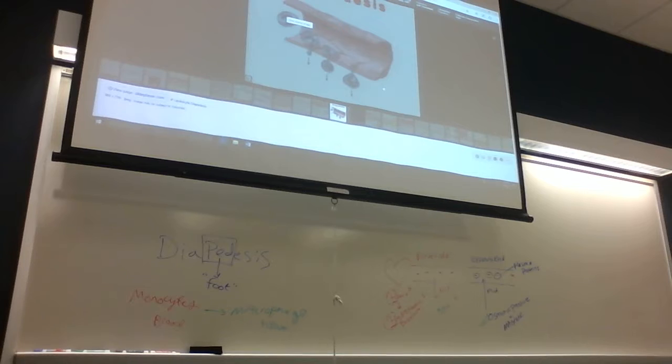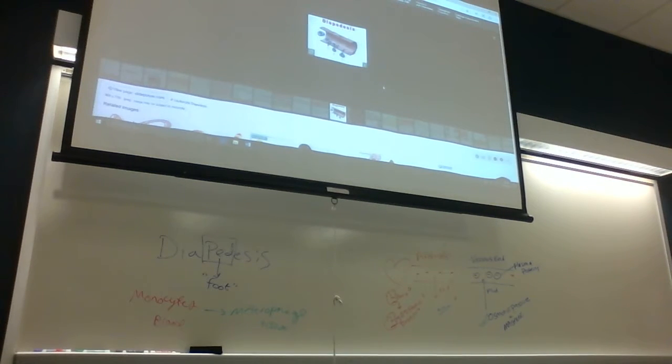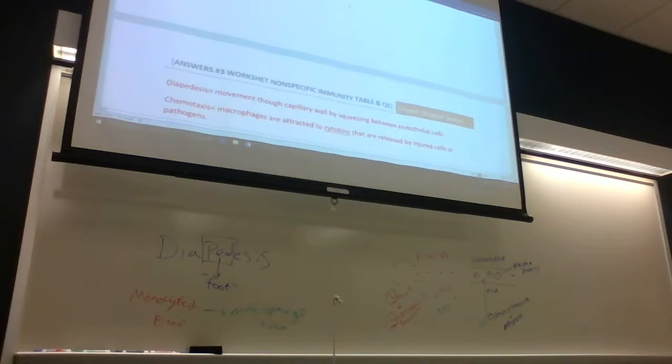It's kind of like if I were to go into this corner and just slip out the other way. This is really gross, but kind of like how rats and cockroaches get through things. That's diapedesis. If their head can fit somewhere, then their whole body can, and it's disgusting. But yeah, so diapedesis.